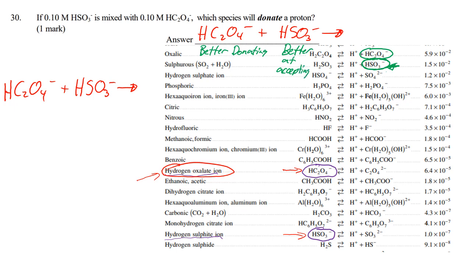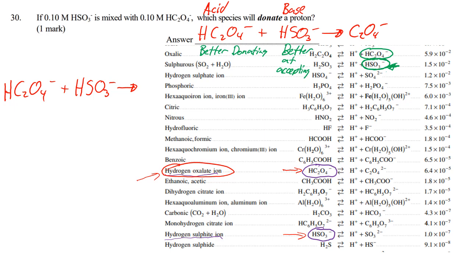And so what happens is that this one right here is going to be your acid, because it is a stronger acid. HSO3 minus is actually a stronger base, so it's going to act like the base. What are these things going to turn into? Well, since HC2O4 minus is a stronger acid, it's a better donator. So it donates and turns into the oxalate ion, C2O4 2 minus.